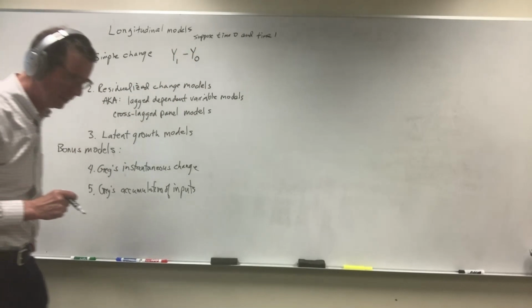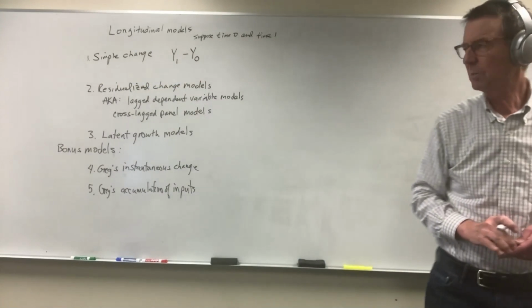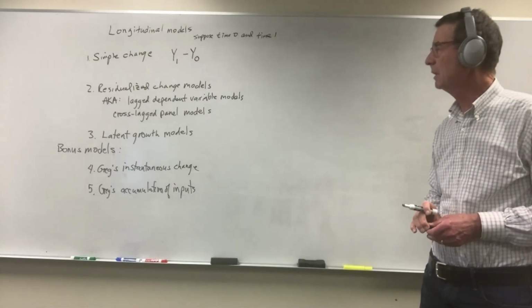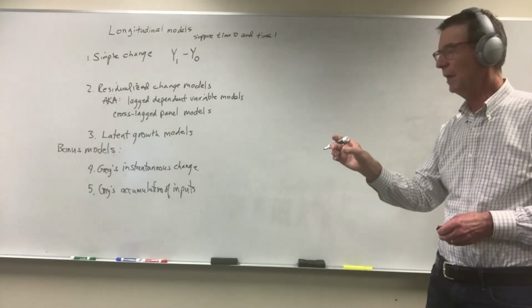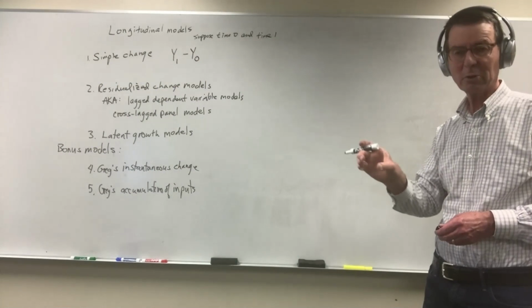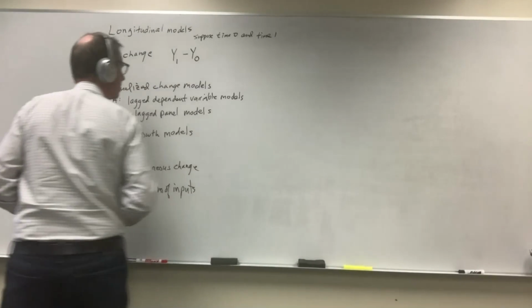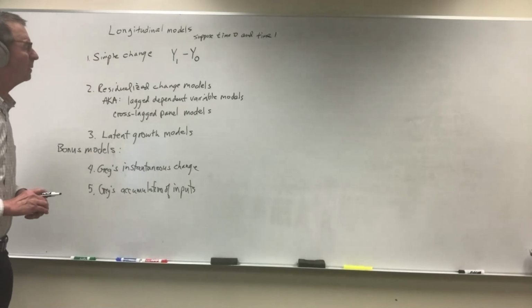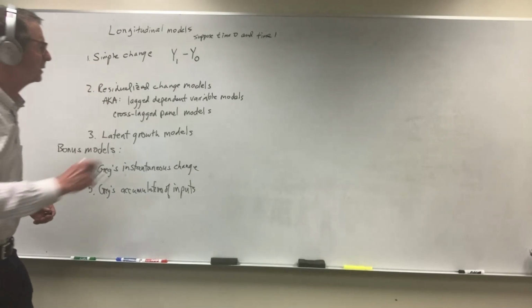Think of the ECLSK data. You've got kindergarten and first grade test scores or teacher reports of socio-emotional behaviors. We're just taking the 2 reports of socio-emotional behaviors, 2 different teachers, and we're subtracting them. If it's a test score, we're just taking the 2 test scores and subtracting them.